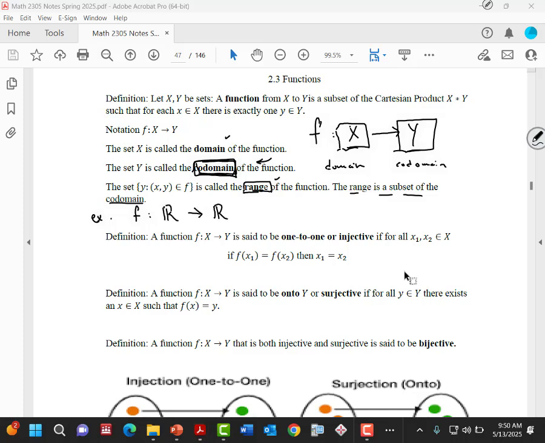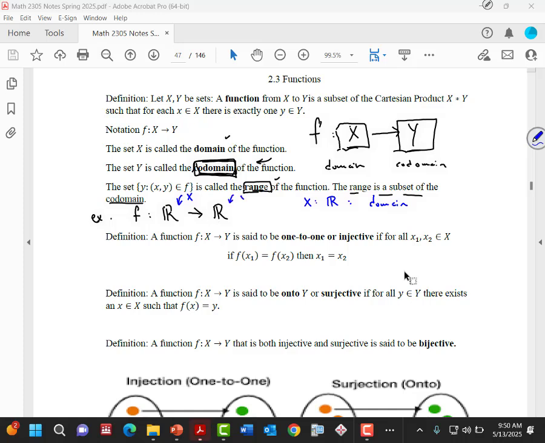from R to R. So this R right here is the set of real numbers. That is my set X, and this is what I'm calling the domain.